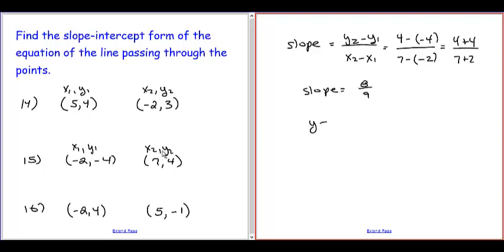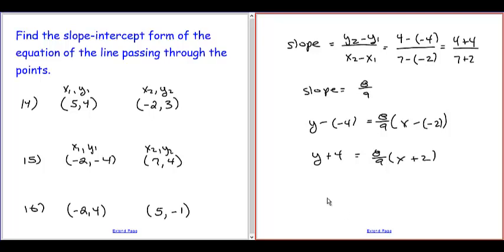So we get y minus y1, which is negative 4, is equal to 8 ninths times x minus x1. x1 is negative 2. The first thing we want to do is take the additive inverses of a negative number. I'm not going to multiply this out until I do that step.